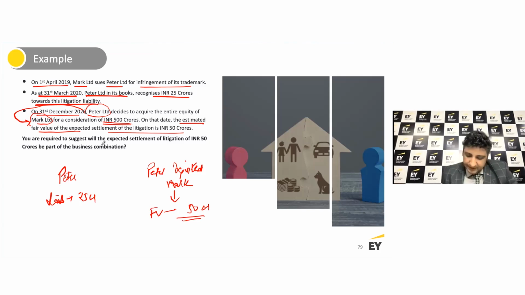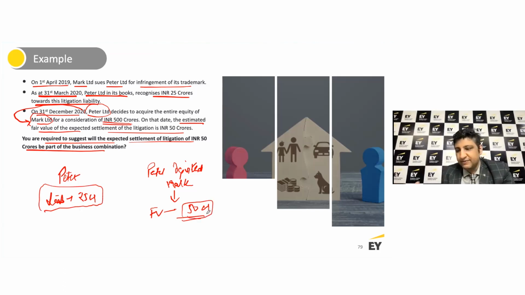The question is, what is the expected settlement of the litigation? Does it become a part of the business combination? Now, what we are trying to say here is that essentially the value of the liability is not 25 anymore, it becomes 50, right? So in a way, this acquisition is resulting in a loss to Peter.